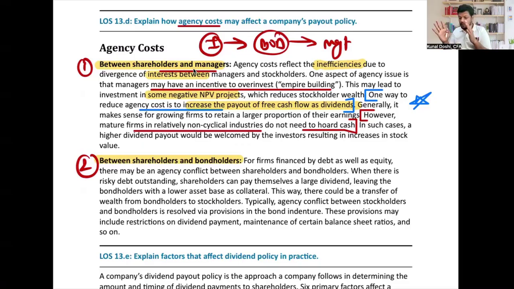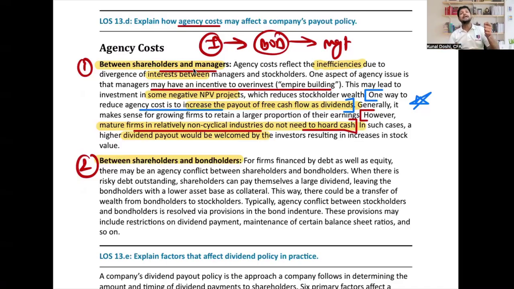So you always look out for mature and non-cyclical companies; they always pay higher dividends. And if they pay higher dividends, that's considered a positive sign by investors. Otherwise, investors will start doubting why the company is not paying out dividends when it is consistently generating cash flows. So to reduce the agency conflict, you should avoid keeping more money in the hands of management, by paying it out as dividends.